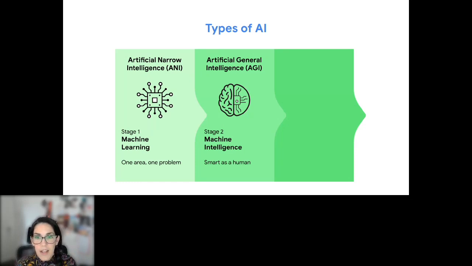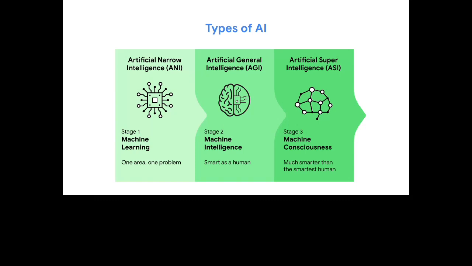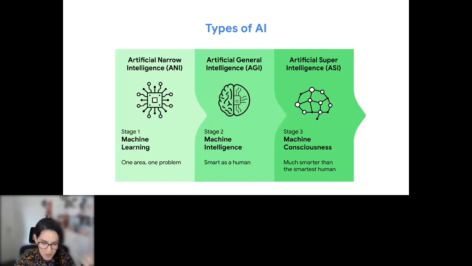Okay, and then the next type will be the artificial superintelligence. This is the type of artificial intelligence that will happen when an artificial intelligent agent would be much smarter than the smartest human, right?